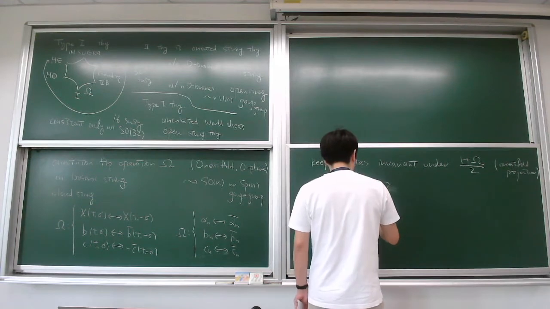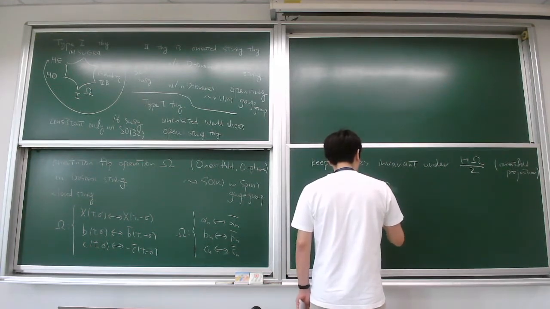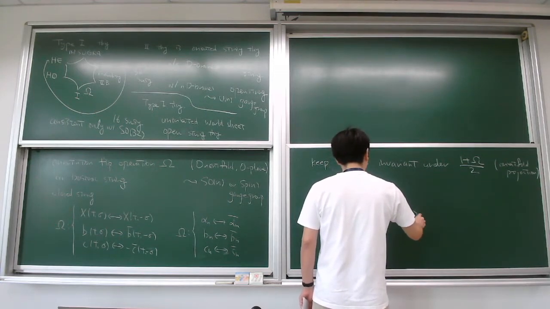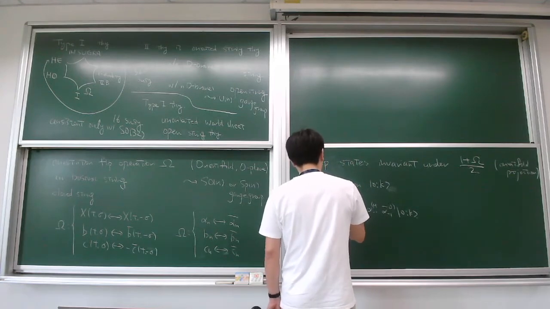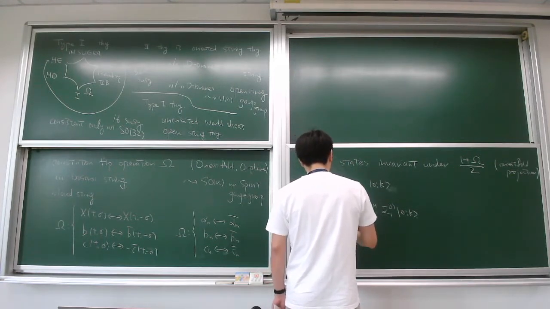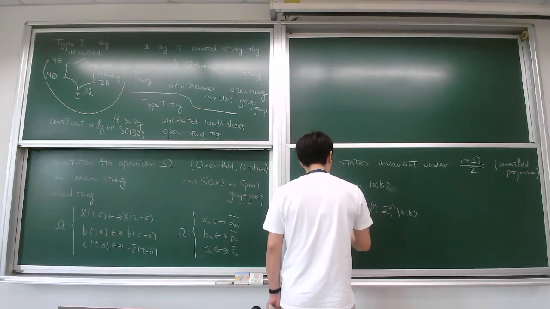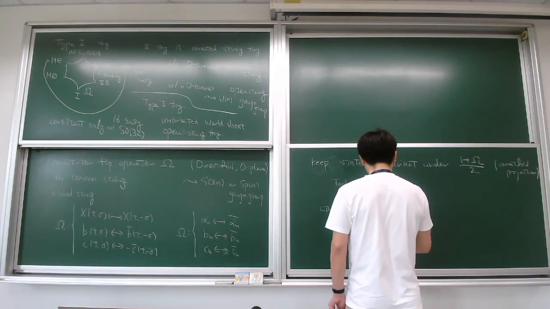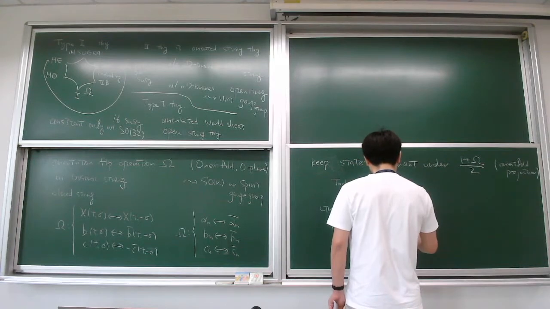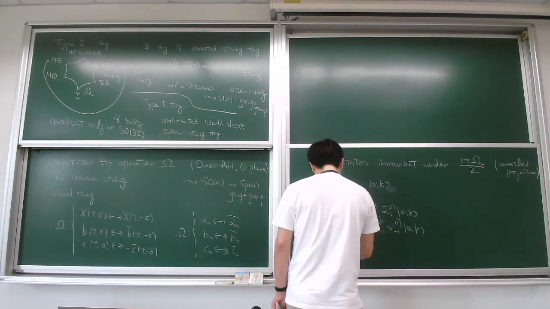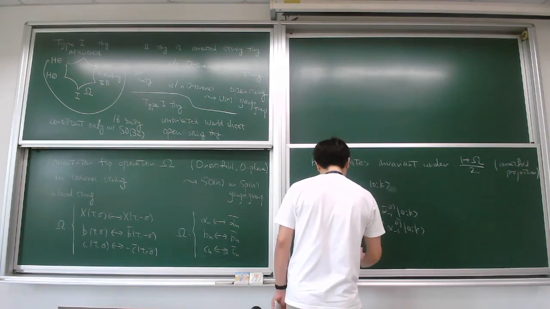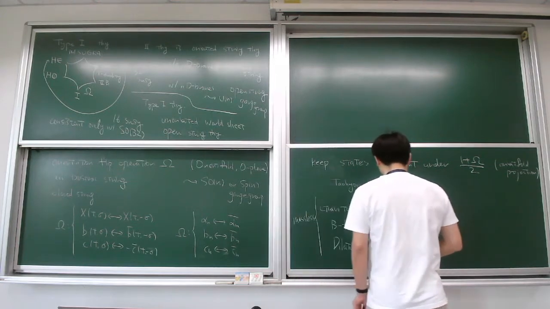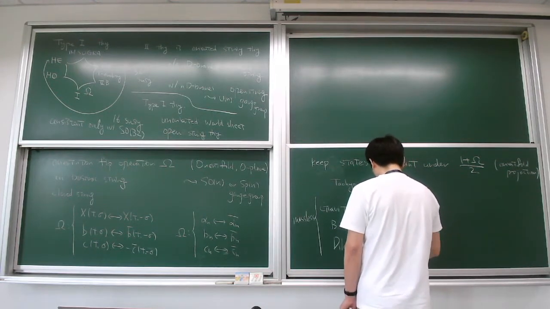For the closed string we have the symmetric guy, which is the graviton, and the B field antisymmetric, and then you have the dilaton. These are massless, as we have already seen many times.